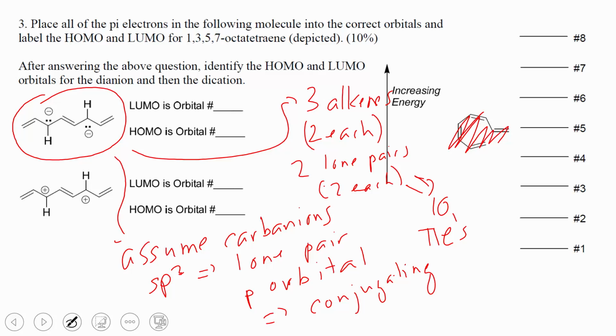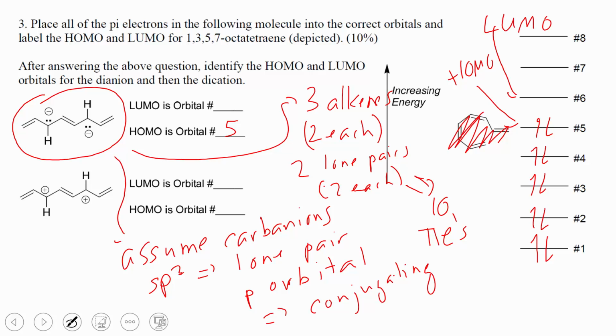So let's put 10 in the right places: 2, 4, 6, 8, 10. That must mean that this is the HOMO, because it's the highest energy of the occupied, so we're going to say that this is number 5. And number 6 is the one immediately above it. 6, 7, and 8 are unoccupied, but 6 is the lowest energy of those, so that's the LUMO. So that's number 6.